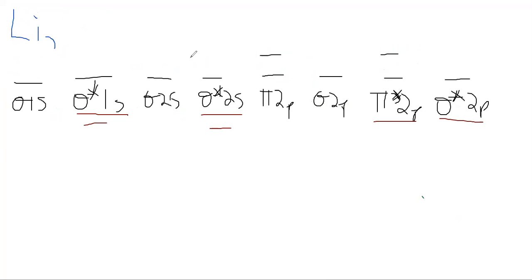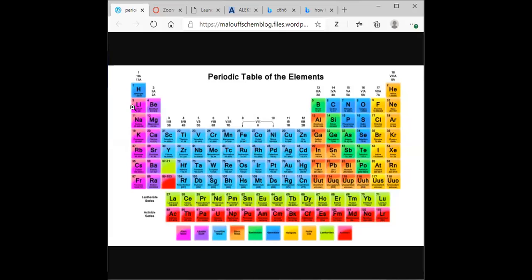Okay, so let's do dilithium, so there are 2 lithiums, but it has a 1 positive charge. Well, let's say we're looking at this periodic table right here. Lithium has 3, so there are 2 lithiums associated. It's diatomic right here, so it would be 6 electrons. But if you remember, it has a 1 positive charge.